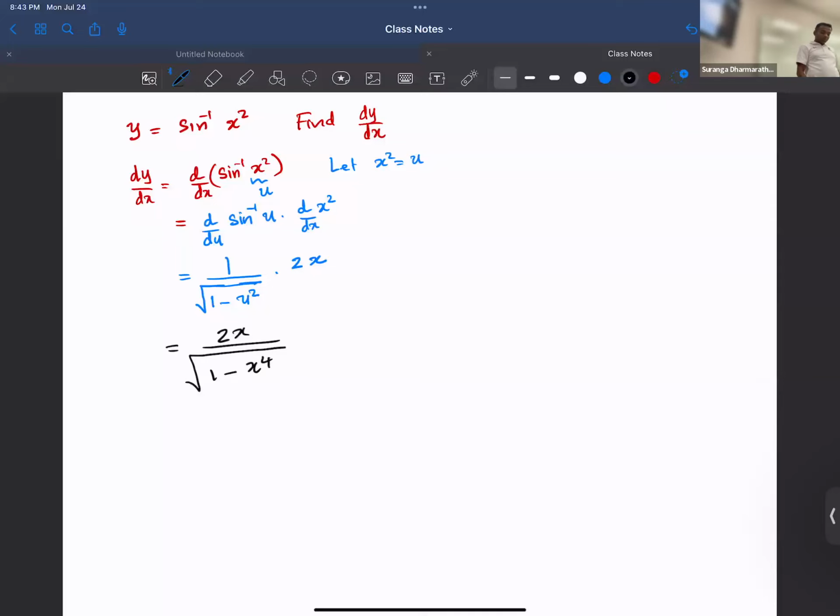And you can use several other functions.